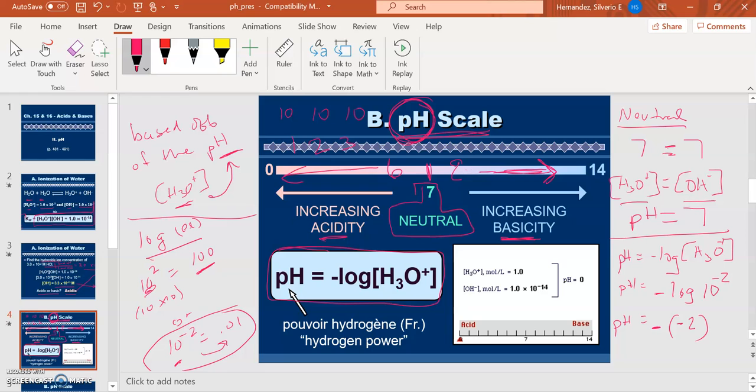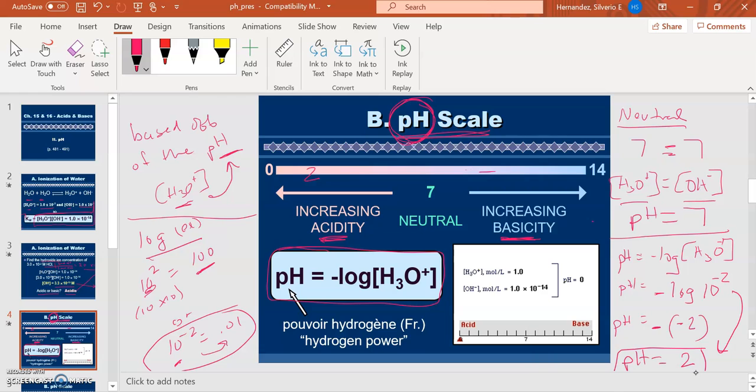Then I bring down that negative, so I get a negative times a negative, which gives me a +2. So from this concentration of 1 times 10 to the -2, I get a value of 2 on the scale. Let me erase all this stuff up here. So this value would fall somewhere around here, at 2, and that would tell me that it is an acid.